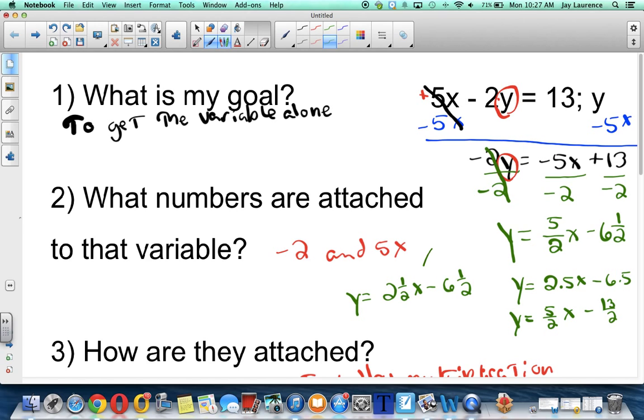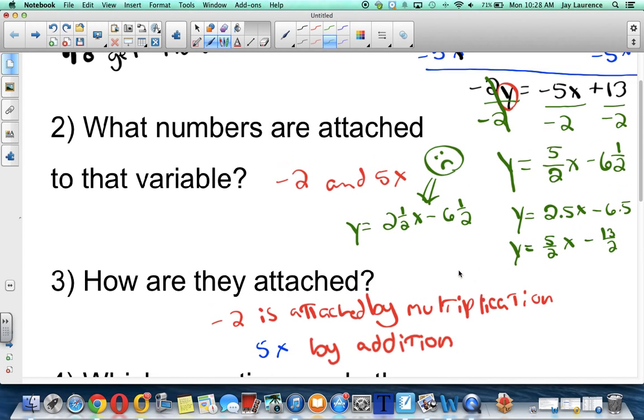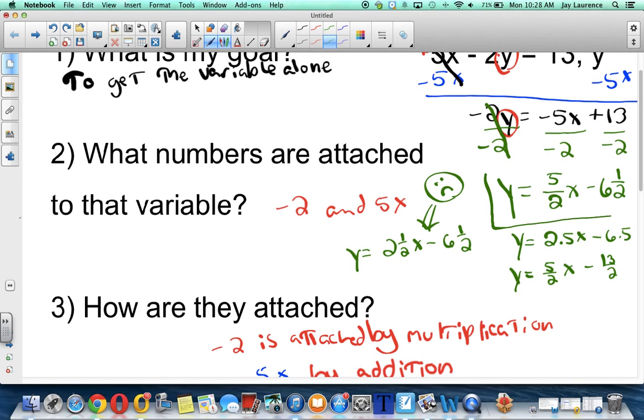I don't like this. This is probably my least favorite. Yuck. I wouldn't do it that way, but it's not wrong. It's just that I know something that we're going to be doing later on, and doing it this way will be very difficult, but it is not wrong. Okay, so y is alone. And there is one of my possible solutions.